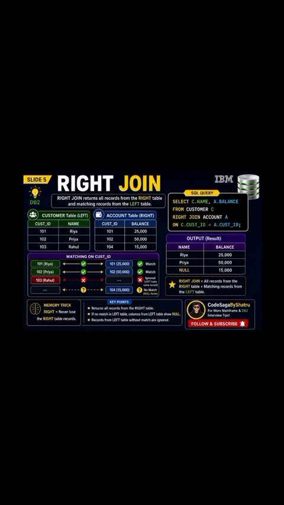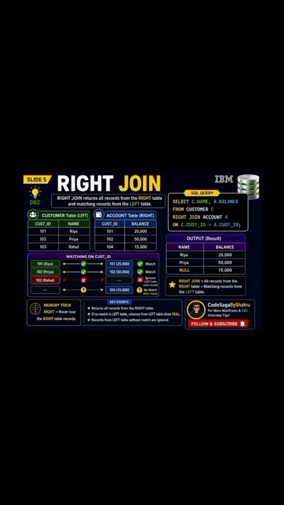Customer ID 101 matches, so Riya appears with the balance of 25,000. Customer ID 102 also matches, so Priya appears with the balance of 50,000. Customer ID 104 exists only in the account table. Since right join returns all the records from the right table, this record is still included.